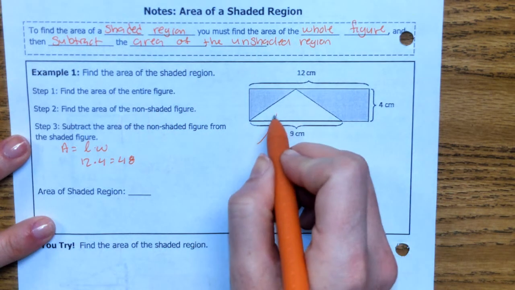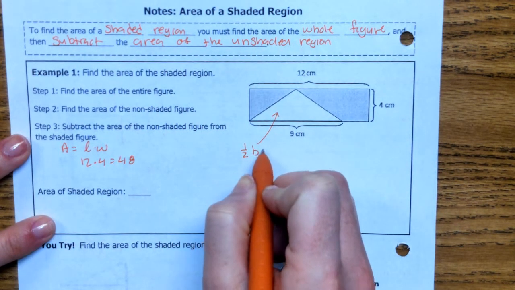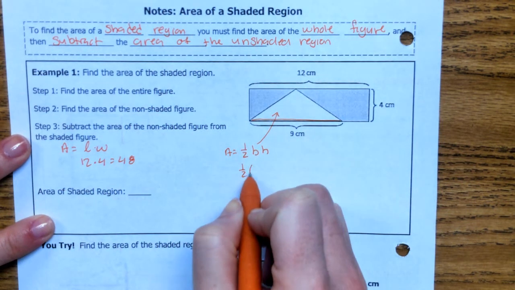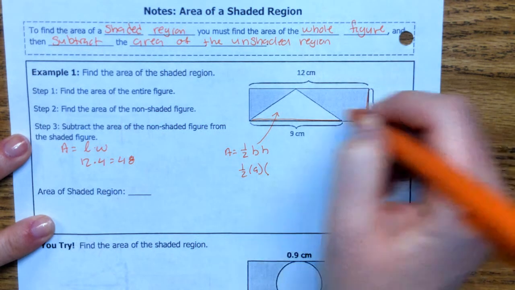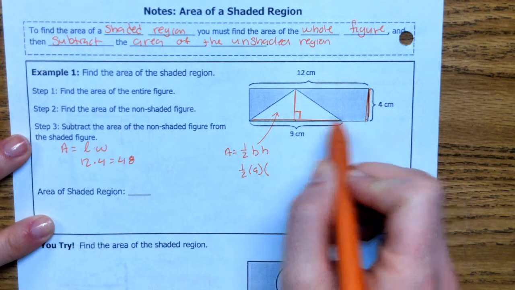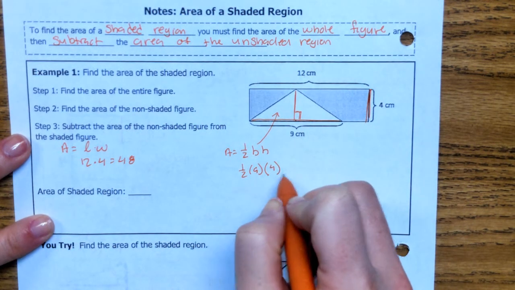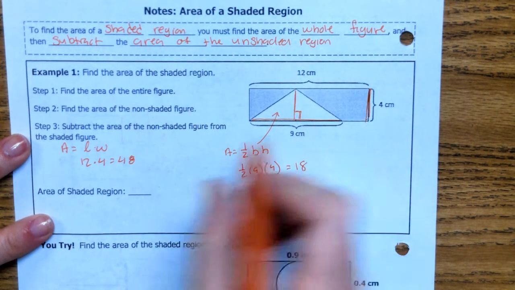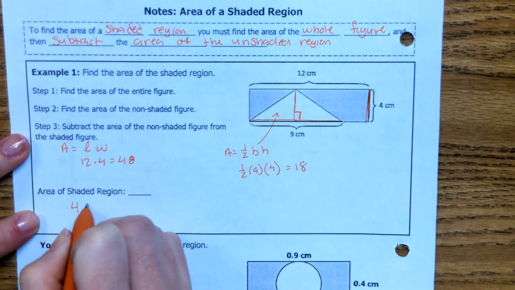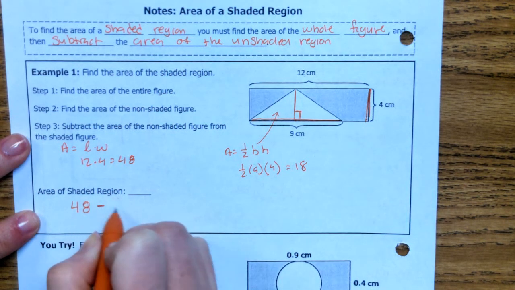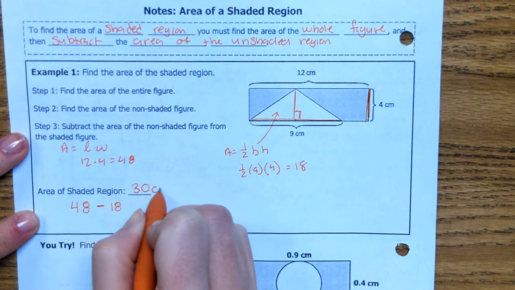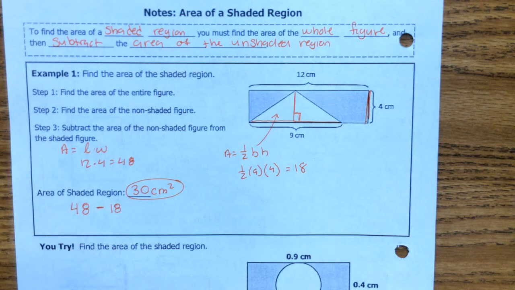The area of this triangle is 1/2 base times height. My base is 9. My height is right here. This is the perpendicular distance. We can transfer it over. My height is 4. So the area is 18. The whole shape is 48. We remove that triangle, which is 18, so the shaded region is 30. Wait, what?